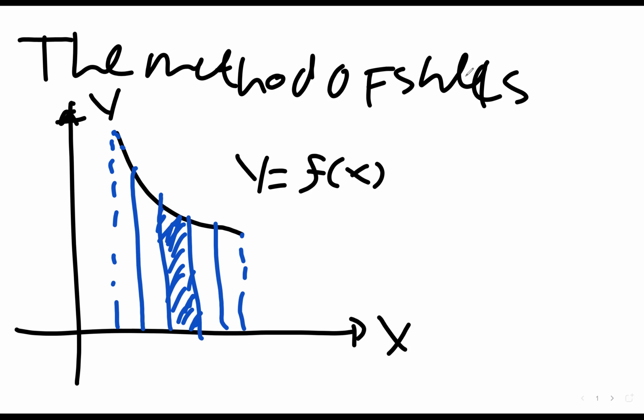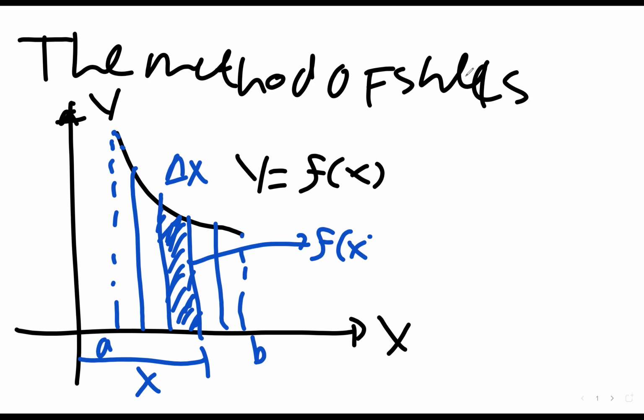Let's say this one is delta x, and this one is x, from a until b. So the thickness is delta x, the average radius will be x here, and the height here will be f of x.